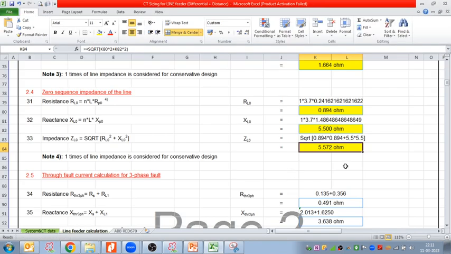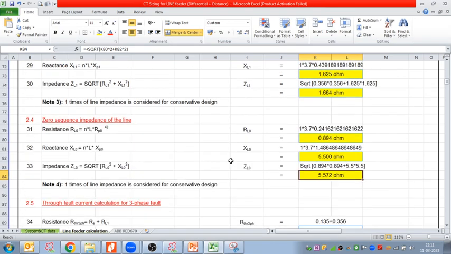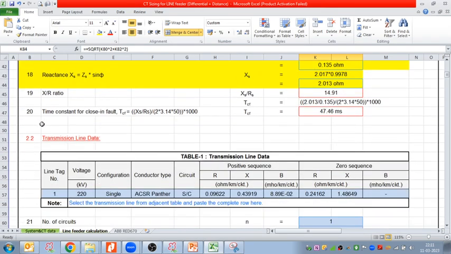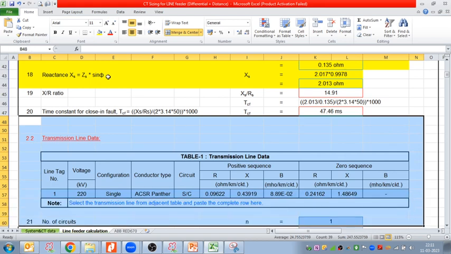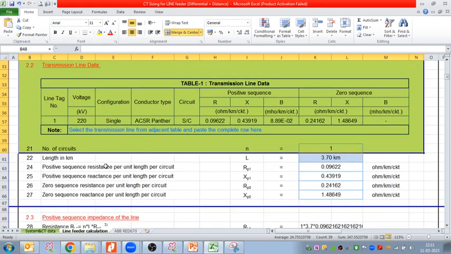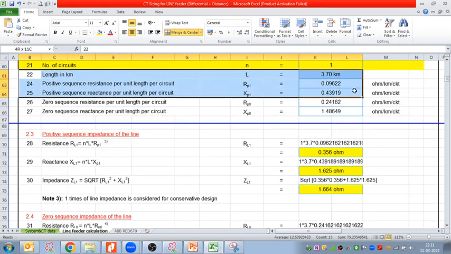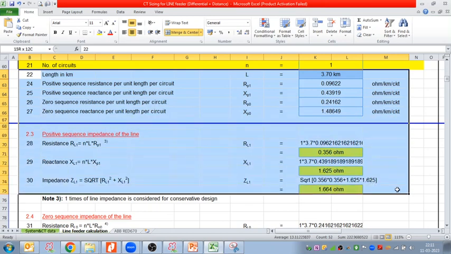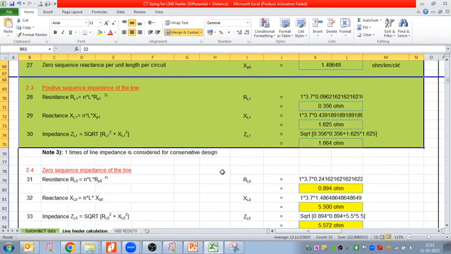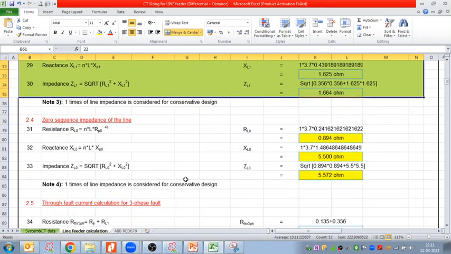Yeah, 5.572. Okay, so far this Excel, a few cells we did extra, but so far it is clear. So this much portion of the Excel is for the transmission line resistance and reactance. Now zero sequence also we have done.